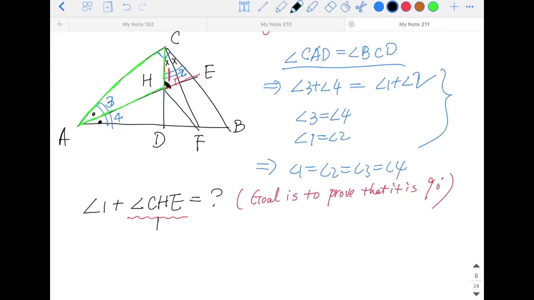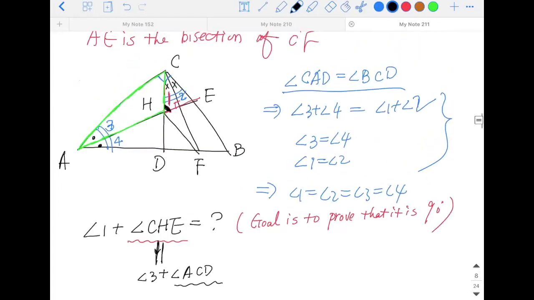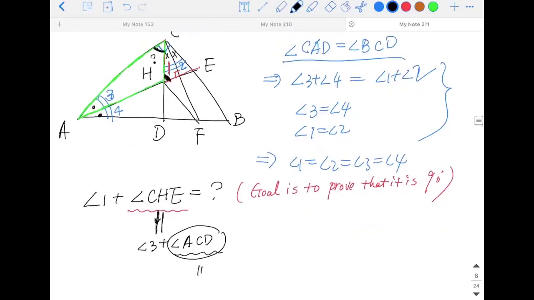So CHE will be equal to angle 3 plus ACD, right? Okay. What about ACD? ACD should be equal to what? 90 degrees minus angle 3 plus angle 4, right?